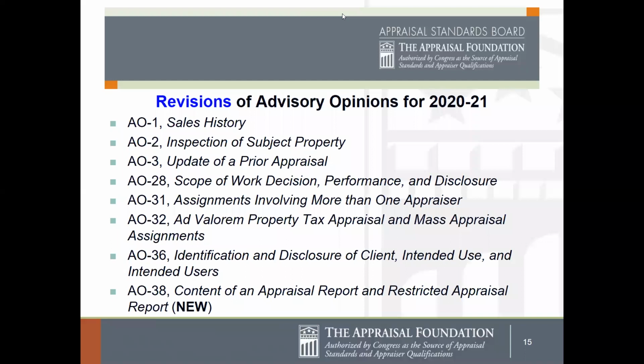And finally, in response to some questions that we've received regarding the use of technology or other tools to gather information about the property, the board has added guidance regarding the nature of such alternate methods to gather data.